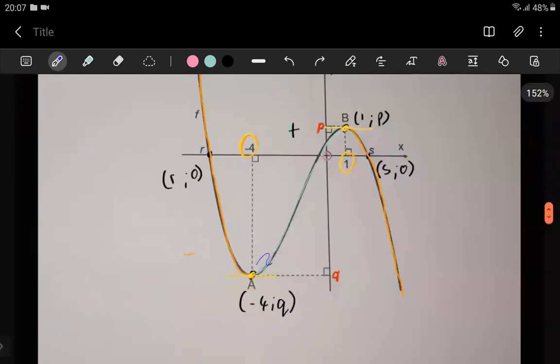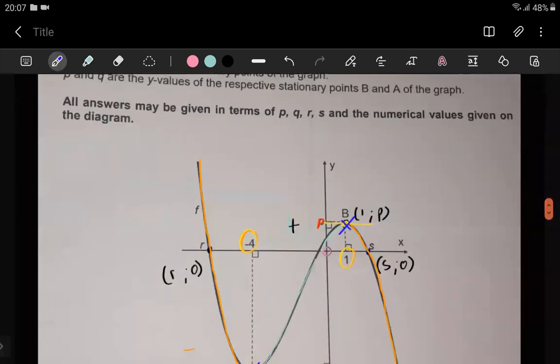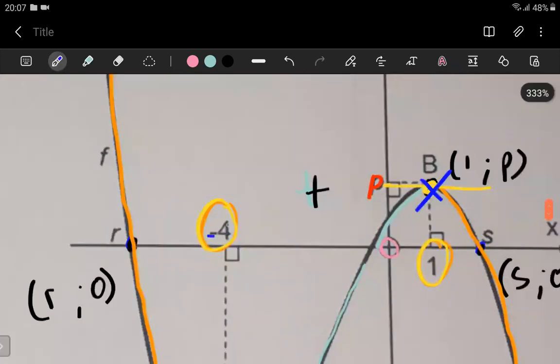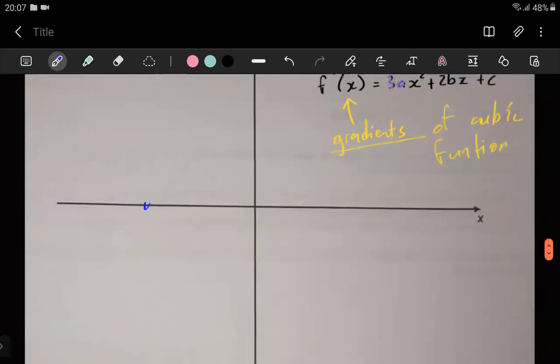The reason I'm saying all this is because the points where your gradients are 0, for example the x value -4 and the x value +1, are going to represent the x-intercepts of our parabola.